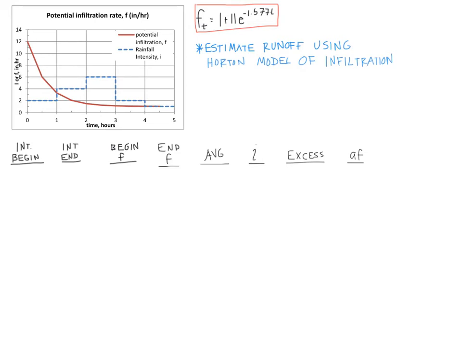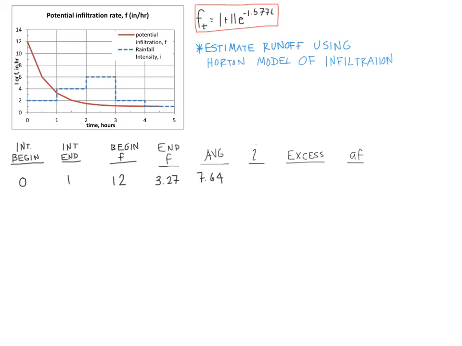That means I'm going to start my first interval at 0. It's going to end at 1. My beginning F using the equation is 12 inches per hour. At the end of that interval, it has decreased to 3.27 inches per hour. If I average those two values, I get 7.64 inches per hour of infiltration.